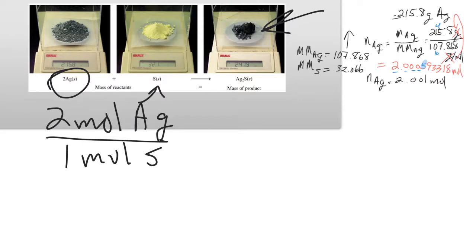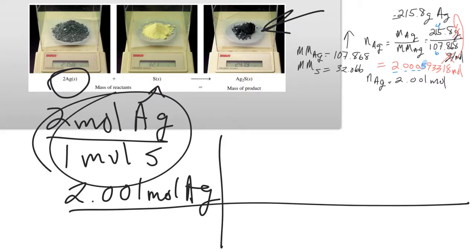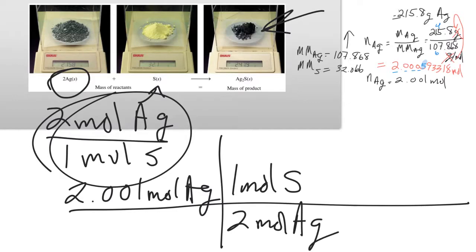So what we do here is we're going to take the 2.001 moles of silver, do the box method, and use this, which is a mole-to-mole factor or a mole ratio. We're going to take 1 mole of sulfur divided by 2 moles of silver, and you can see the moles of silver cancel out.